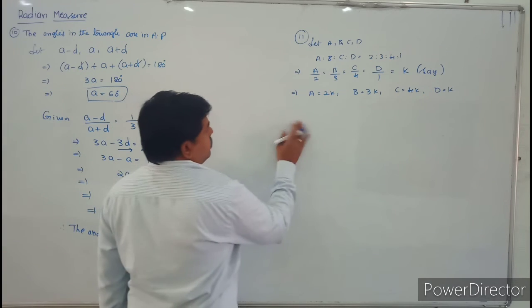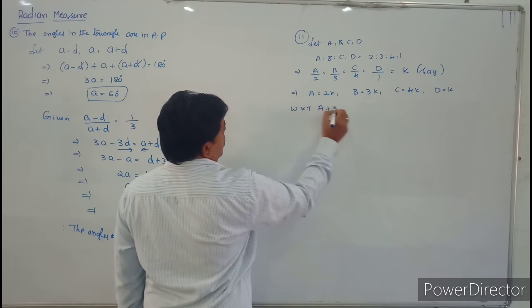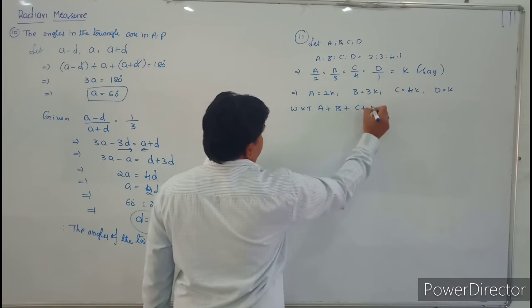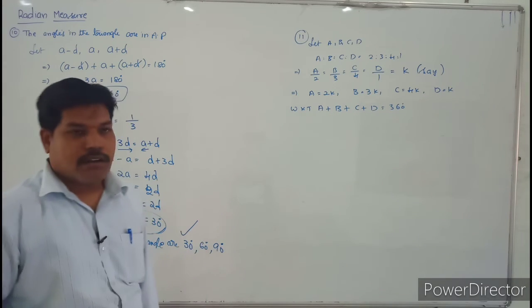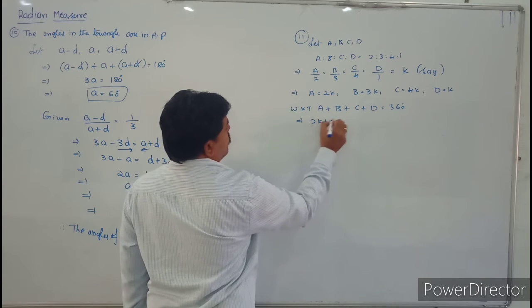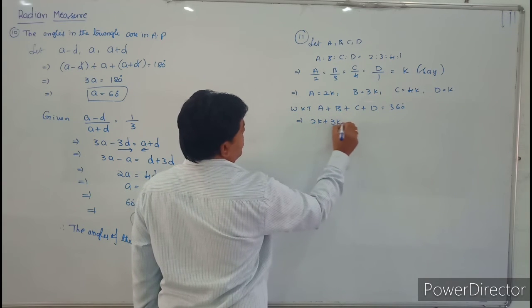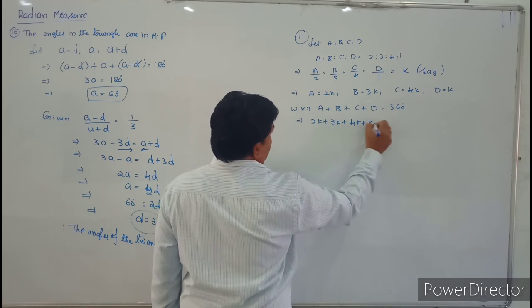Already I know that the sum of all the angles, A plus B plus C plus D, is equal to 360 degrees, all the angles in the quadrilateral. So what is the A value? A is 2k. B is 3k. C is 4k. And D is k.